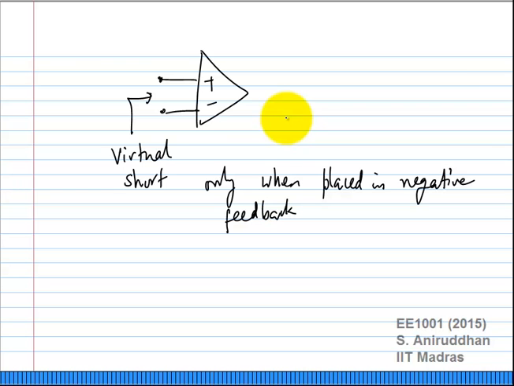Now, this actually has very interesting properties. Because we called it a virtual short, but what is the current flowing into the op amp? It happens to be 0. The current flowing into the terminals of the op amp is 0. What does that mean? It looks like an open circuit, right? Only when you open circuit two terminals is there no current flowing between them.